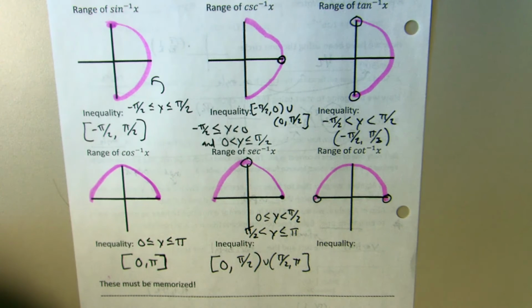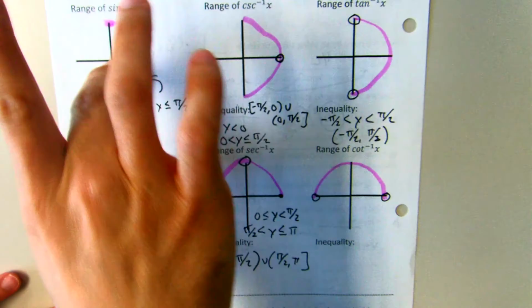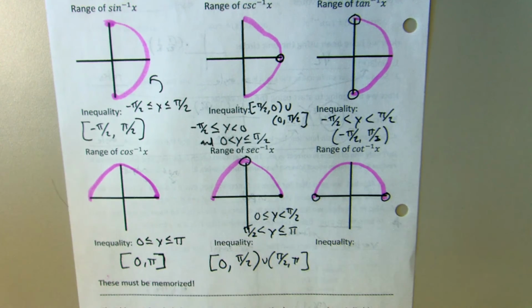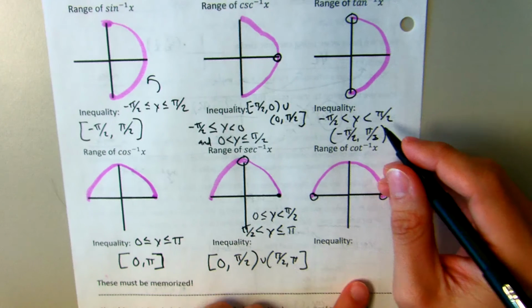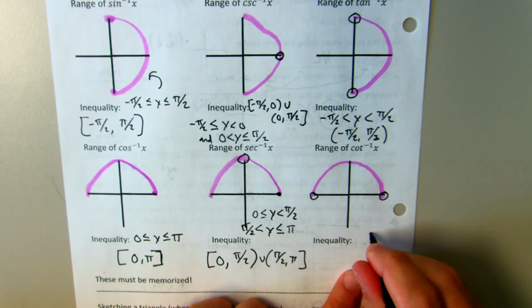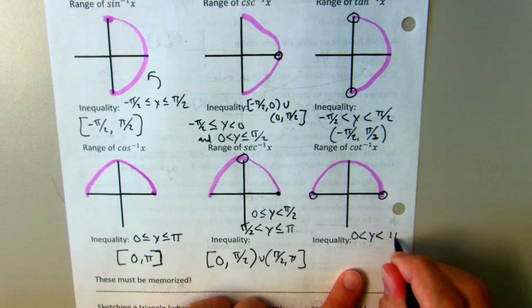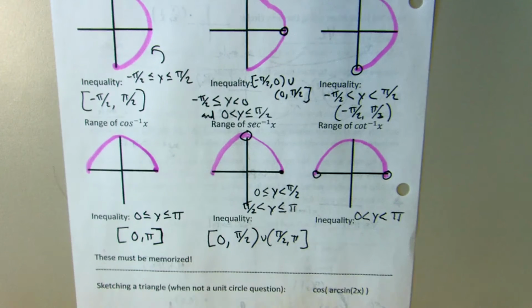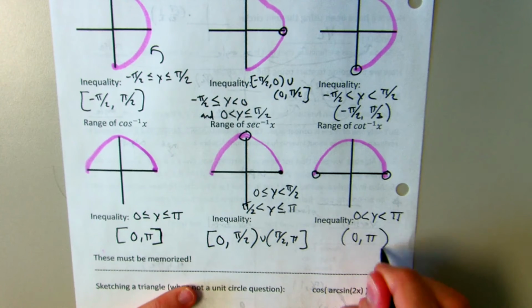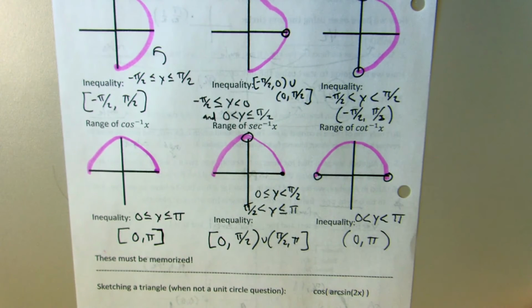So you're welcome to take any approach that's going to work for you. But I can tell you from experience that what works for most people is these unit circle visualizations. So our inequality here, we could say y has to be greater than 0 but less than pi. Don't include the endpoints, or 0 to pi with parentheses, which won't include the endpoints.